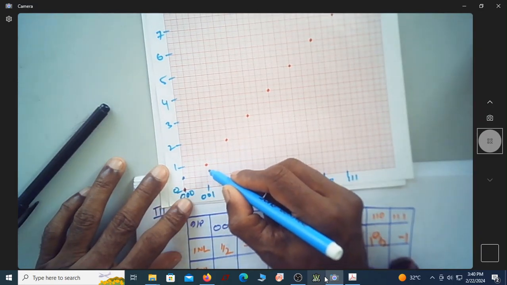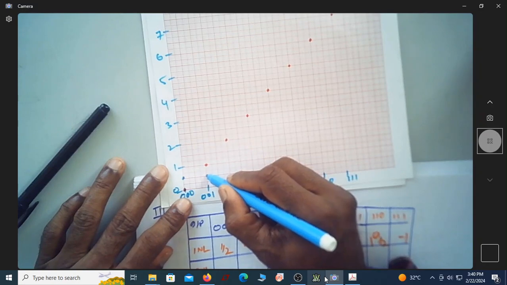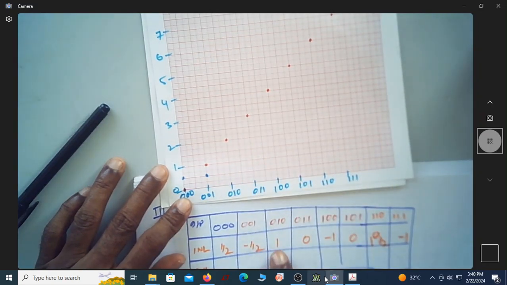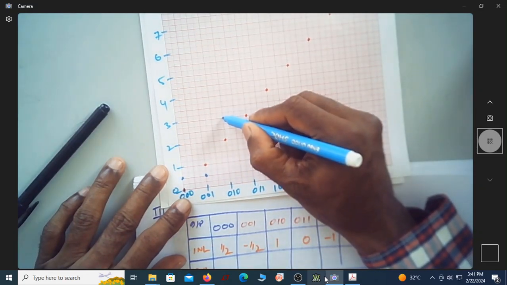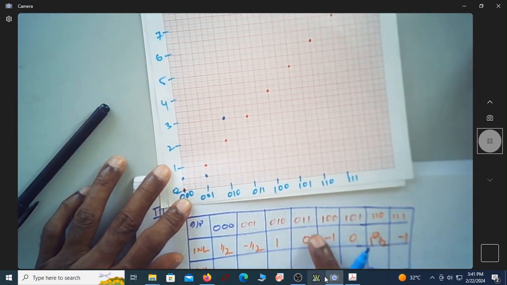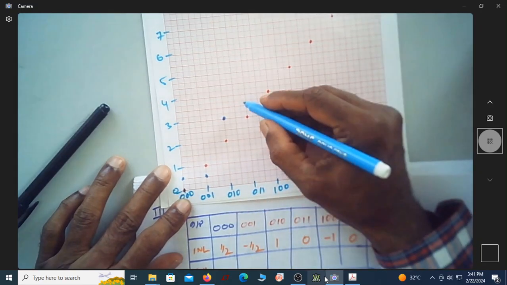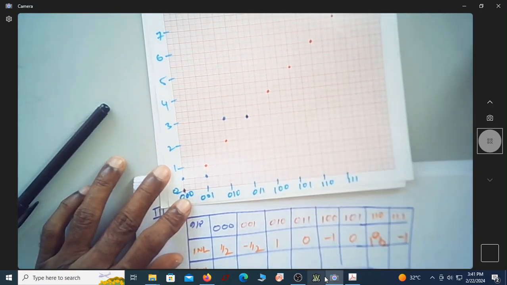Can you see this is 001, this would have been the value, but it is minus half LSB, it's here. Then for 010 it's 1 LSB more. From this ideal value it's actually 1 LSB more. This is the 1 LSB more. Then for 011 it is 0 LSB, it is on the same line.